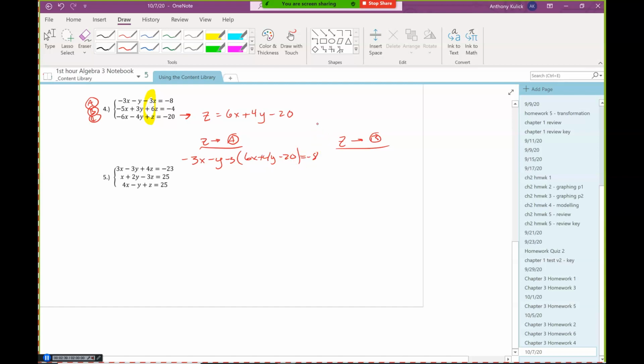And then I still have the equals -8. I have 5x plus 3y plus 6, but instead of writing the Z, I'm going to write 6x plus 4y minus 20 equals -4. Does that feel okay so far?